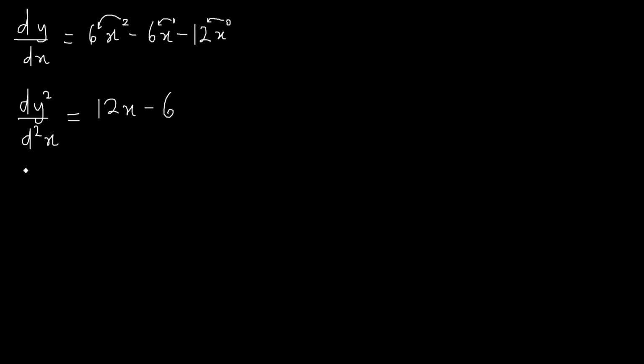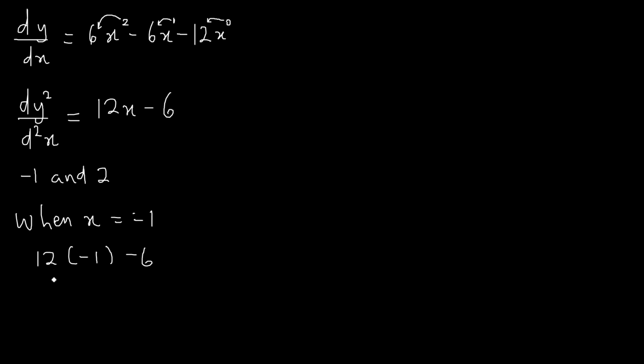So our values for x are -1 and +2, right? So let's put them into the equation. So when x is -1, let's try that out. When x equals -1, all that means is that I have 12 times -1 minus 6.